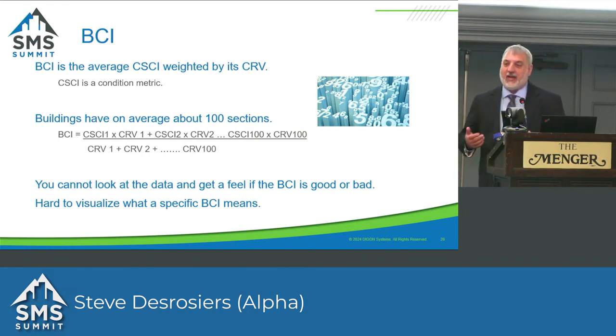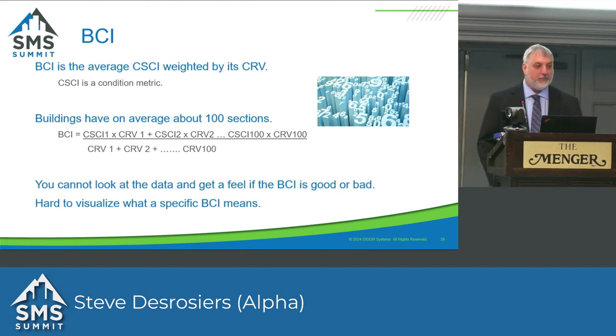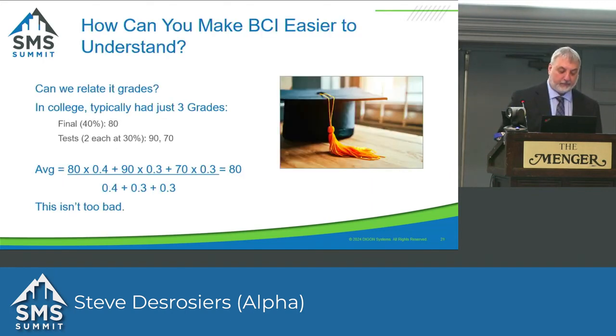Now, a building has about 100 sections, so you've got to take section 1 times its CSCI times its CRV, out to however many sections there are. And 100's an average, but it's not unlikely to have 300. I like math, and this makes my eyes roll and glaze over, right? So can we do something different?